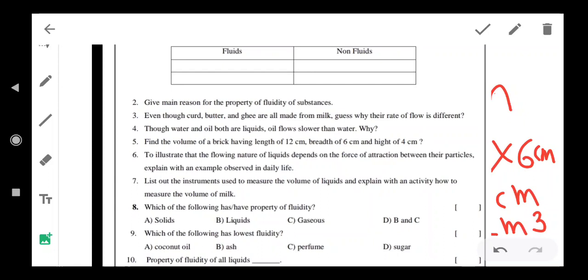The kerosene flows very fast, the water flows at an intermediate speed, and the oil flows very slowly, because that depends upon the nature of the liquids. That's why they can't flow with the same speed. So we have to write an example with this.